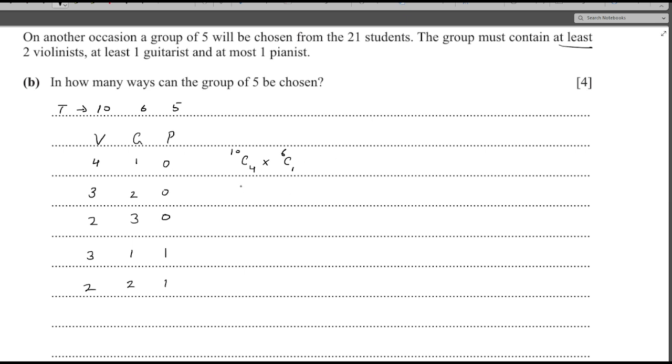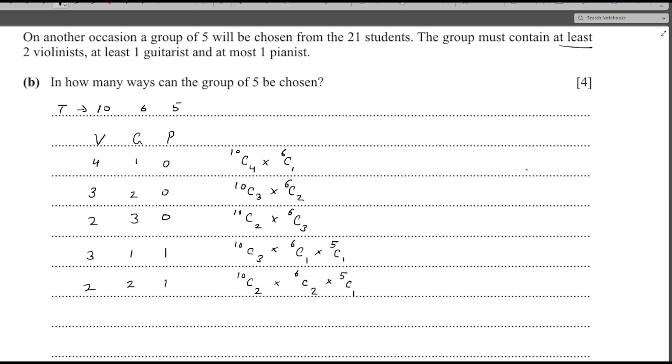Second, out of 10 I'm choosing 3, then out of 6 I'm choosing 2. Next, out of 10 I'm choosing 2, and out of 6 I'm choosing 3. Here out of 10 I'm choosing 3, out of 6 I'm choosing 1, and out of 5 I'm choosing 1. Then out of 10 I'm choosing 2, out of 6 I'm choosing 2, and out of 5 I'm choosing 1.